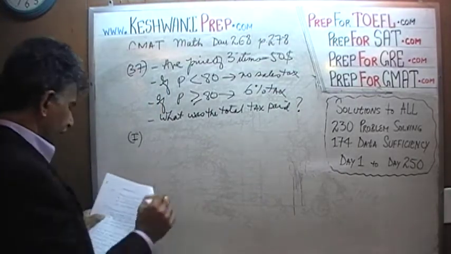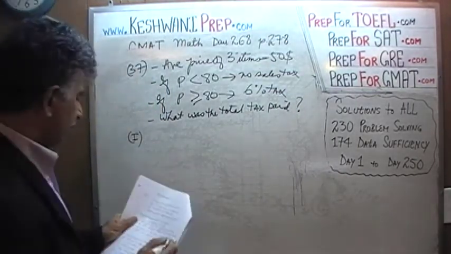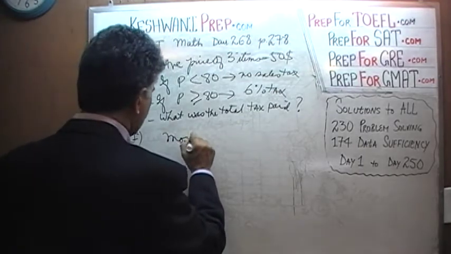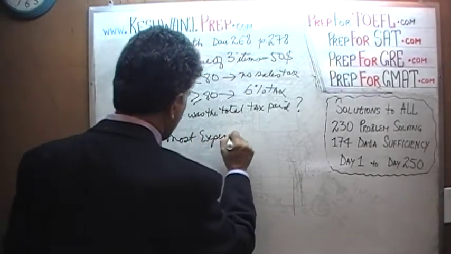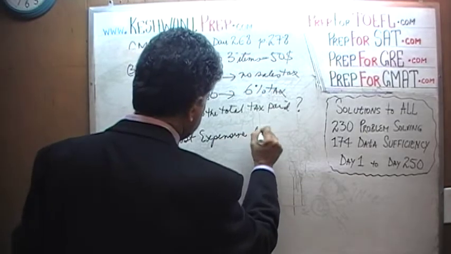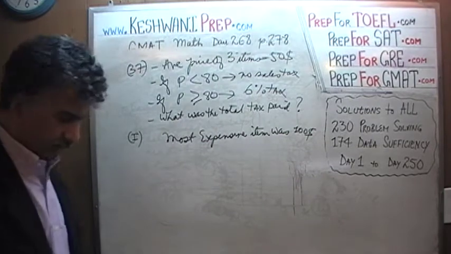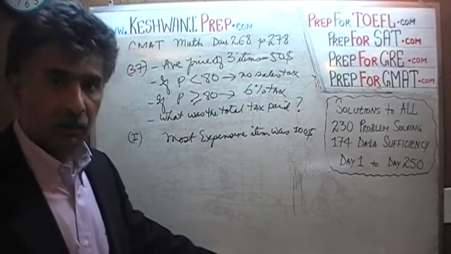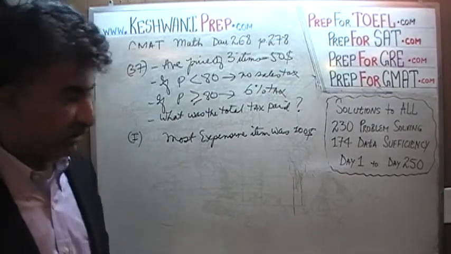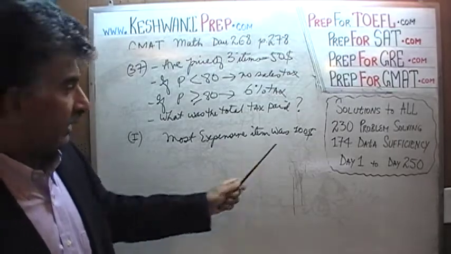The first statement tells us that the most expensive item was $100. Okay, now listen carefully. Again, we don't have to do anything, we just have to think logically. The most expensive item is $100.